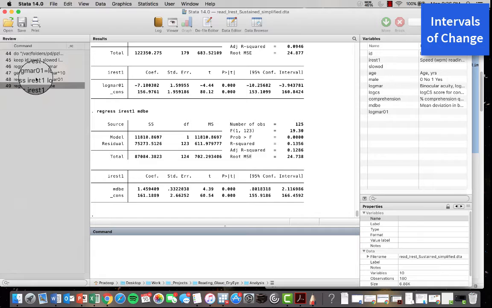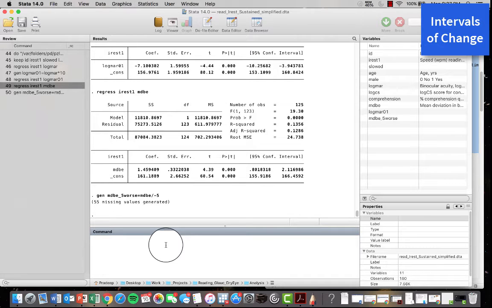So we're going to generate a new variable which represents 5 units of worsening in the better eye mean deviation. That's going to be mean deviation better eye divided by negative 5. We're dividing because we're looking at 5 units of change as opposed to a unit of change which is less than 1. And now we're going in the opposite direction.